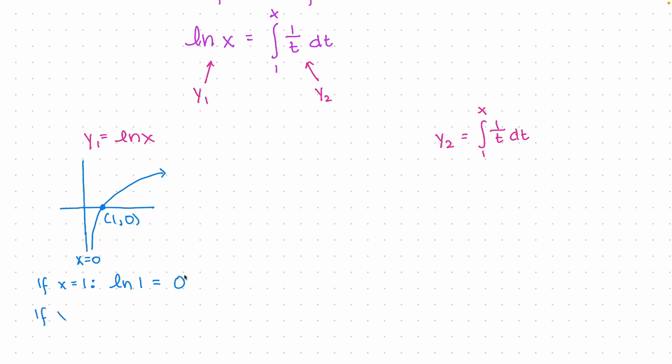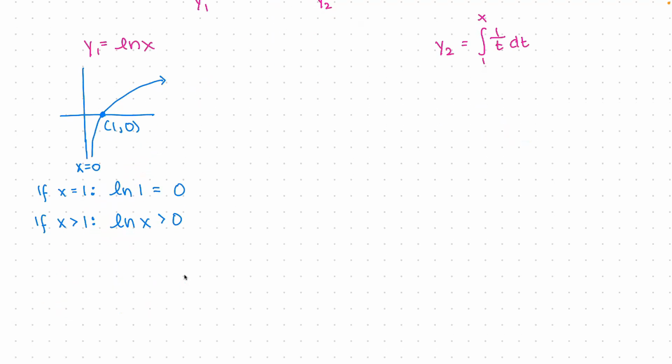If x is greater than 1, so if we're over here to the right of 1 on the x-axis, we can see that natural log is positive, which means y1 is positive.